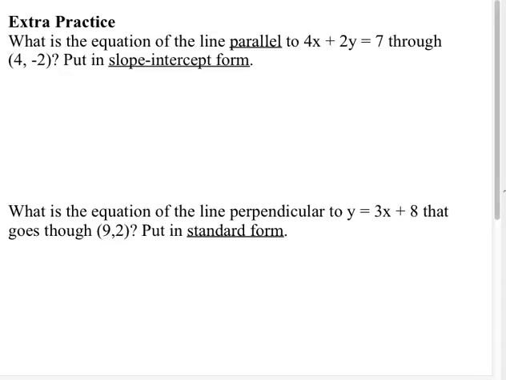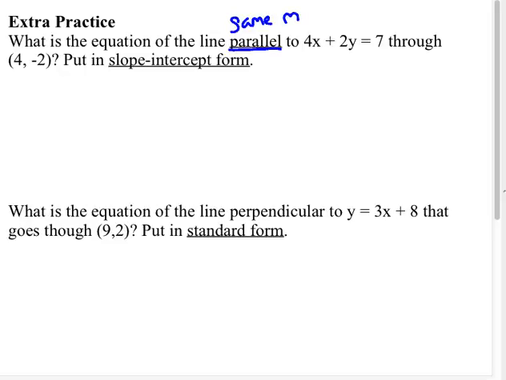So let's just do a little more practice here, okay? So what is the equation of the line parallel to that line that goes through that point? All right, so parallel means same slope, right? The same m value.